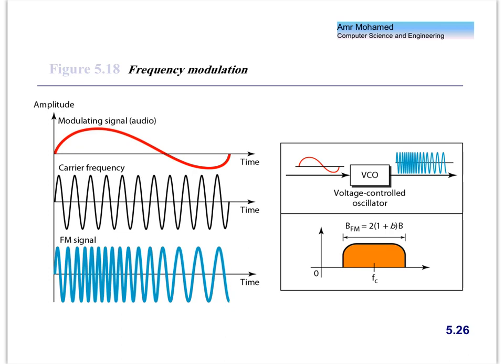So if you have an analog signal like this, the output will generate an FM signal which looks like this. As you can see, from here to here, the frequency is high because the amplitude is high. And then as we go this way, the amplitude is low, so the frequency turns out to be low.